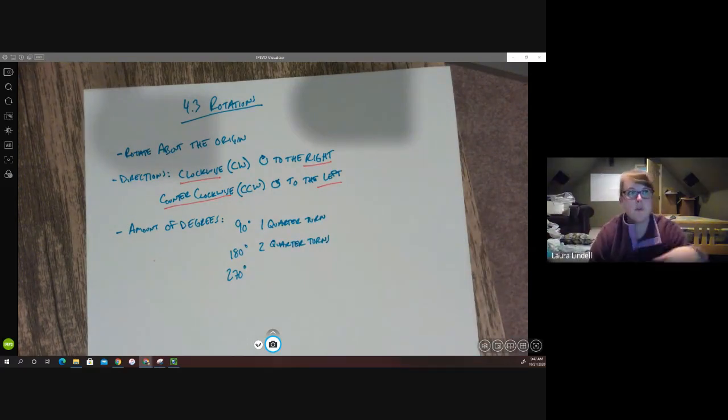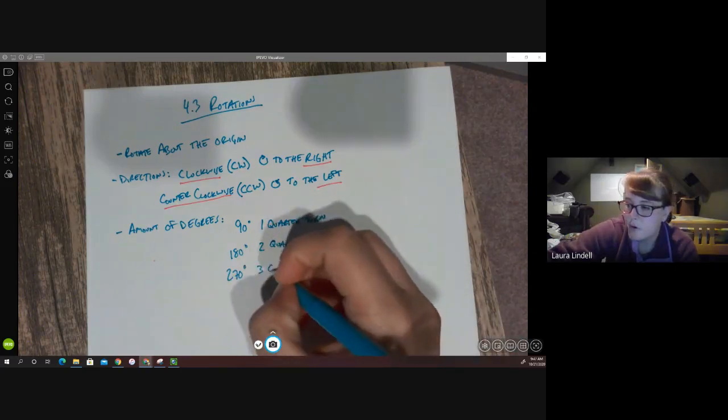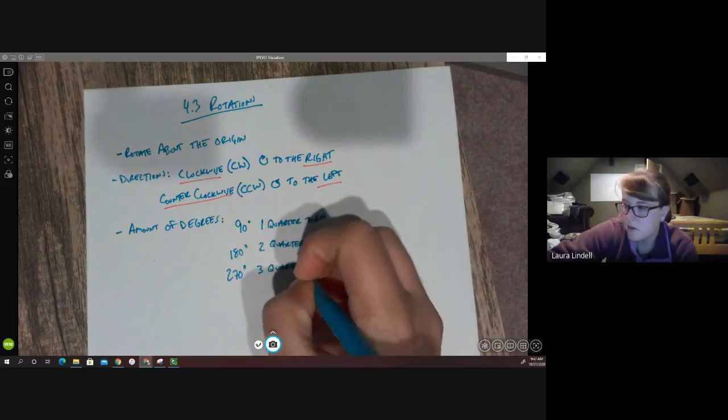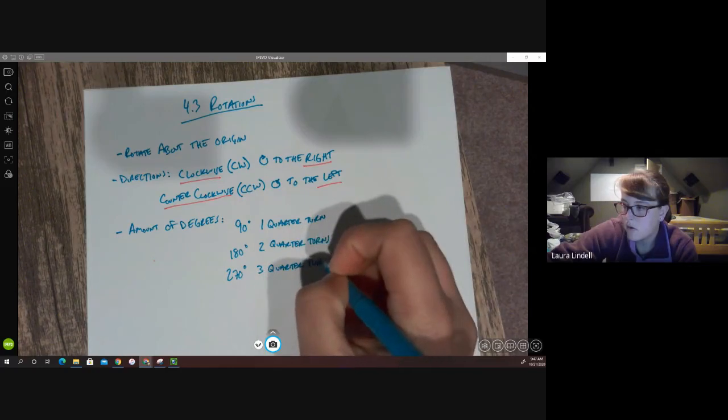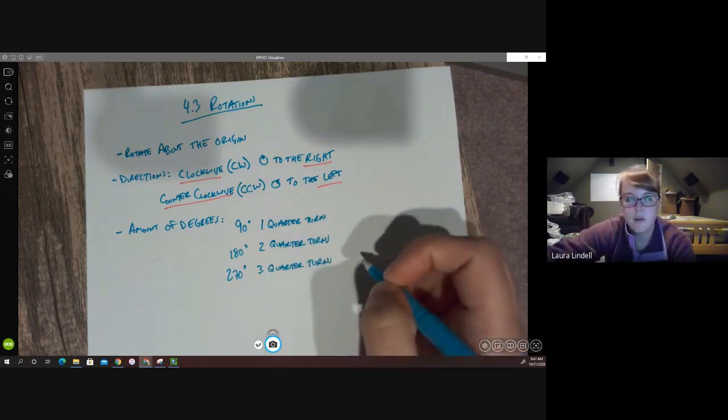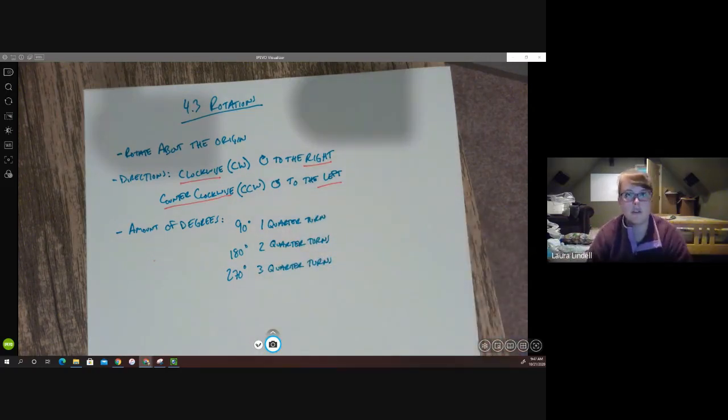So you'll move 2 quadrants over from where you started. And 270 is like 3 quarter turns, or 3 quadrants displaced from where you were. Okay. So we've got kind of all the types of instructions that we will be given for rotations.